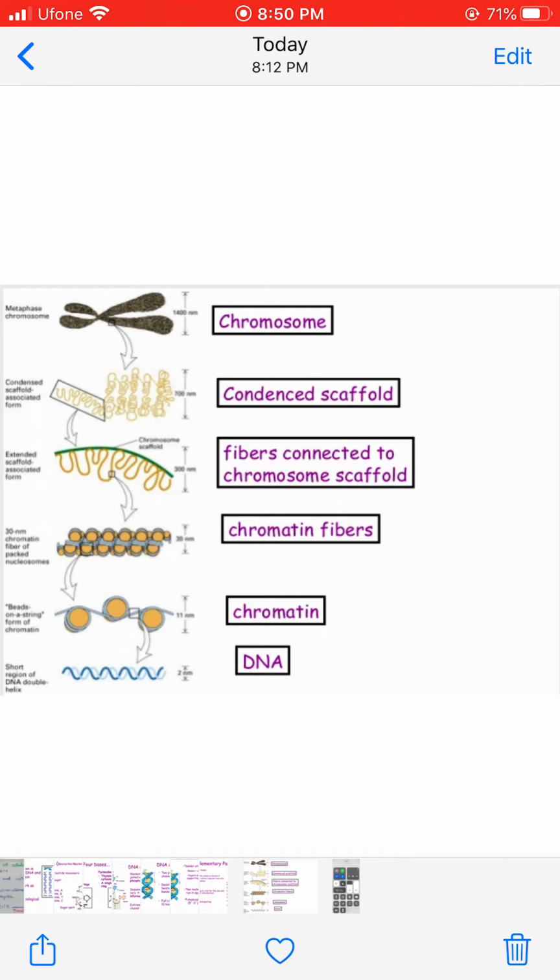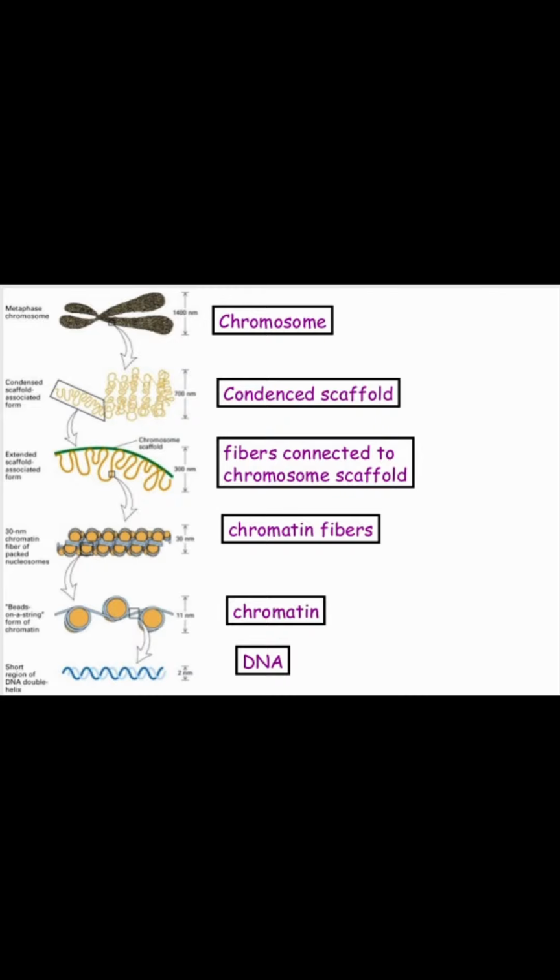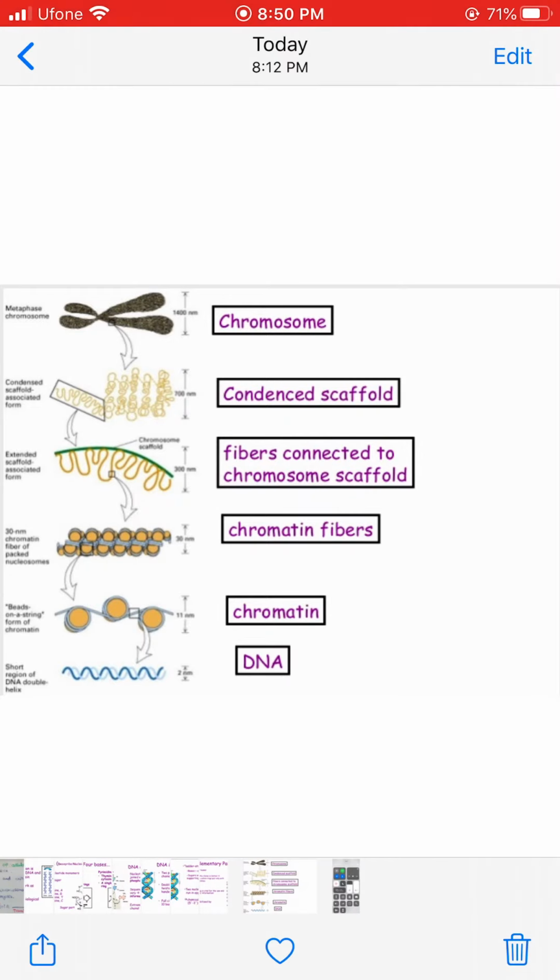In the next lecture, we will see how this karyotyping helps in the study of different chromosomal abnormalities, out of which some of the diseases are Down syndrome and Klinefelter syndrome. These are all chromosomal abnormalities which are studied with the help of karyotyping, which is the study of chromosomes, the number of chromosomes.